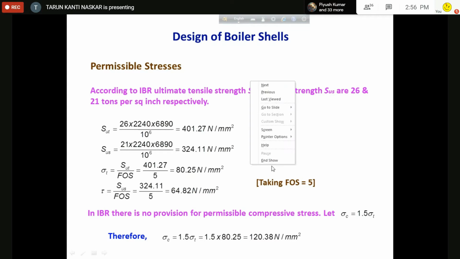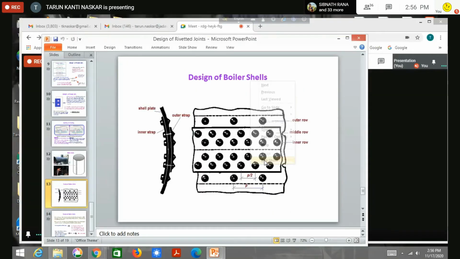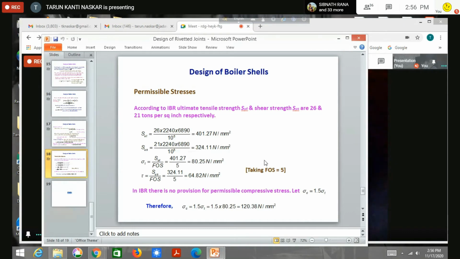I will show you some problems in the next class regarding riveted joint, and for all the chapters I'll say that you just go through all the worked out problems in the book. Whatever book you follow, just try to follow the worked out problems there. Still I will show you some problems, and that will be handwritten, and this is not with me now.